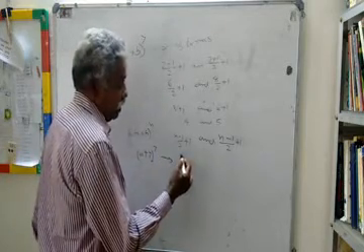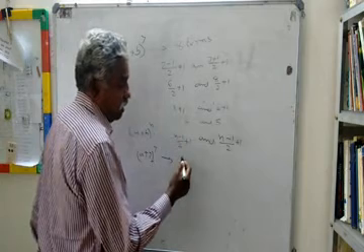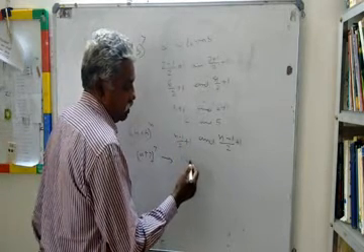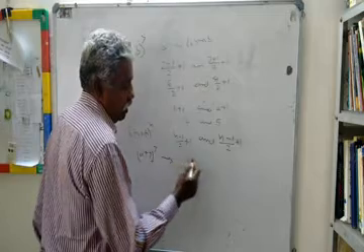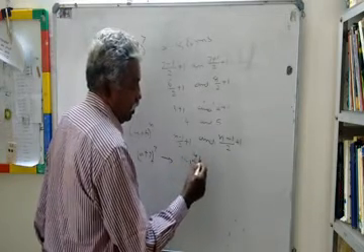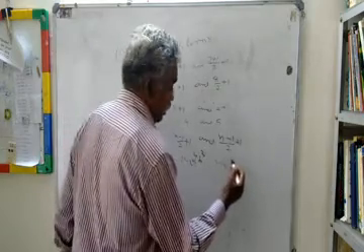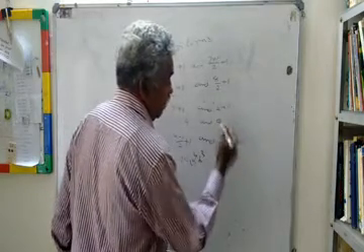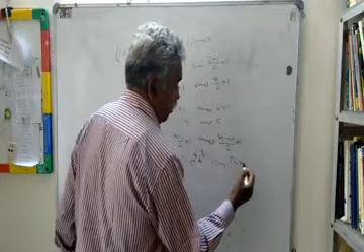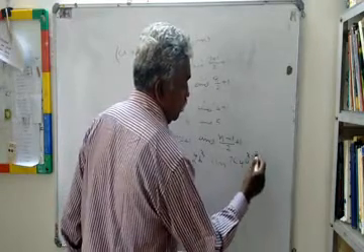They are the 4th term, that is 7C3 a raised to 4 b raised to 3, and the 5th term, 7C4 a raised to 3 b raised to 4.